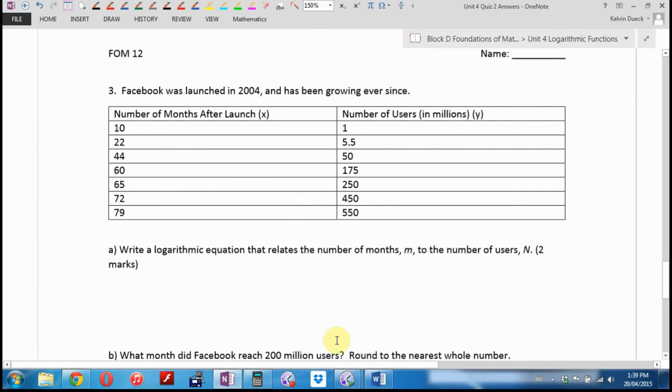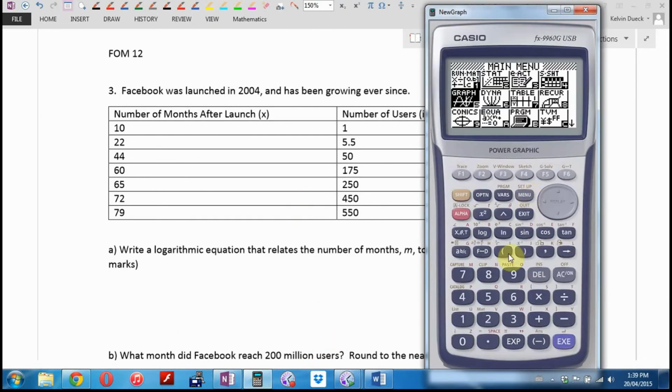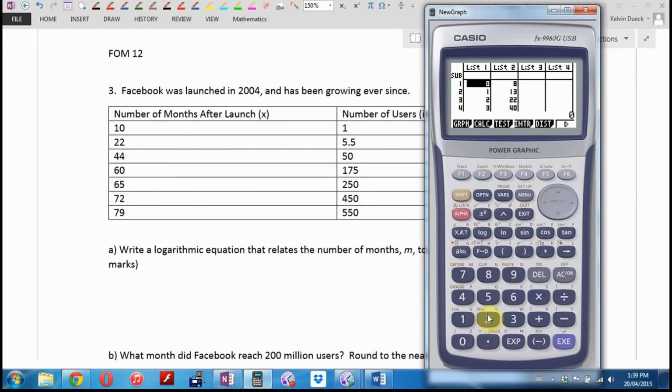Facebook was launched in 2004 and has been growing ever since. All right, 10, 22, 44, 60, 65, 72, 79. 1, 5.5, 50, 175.